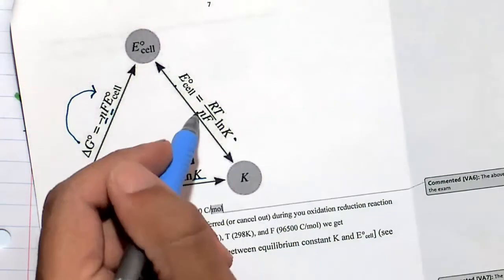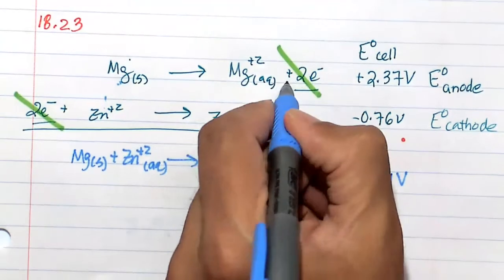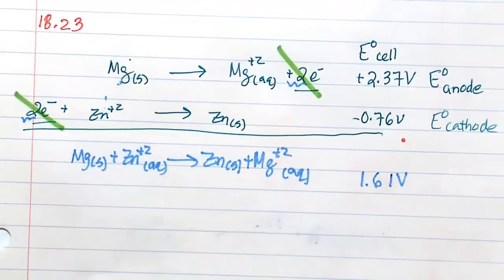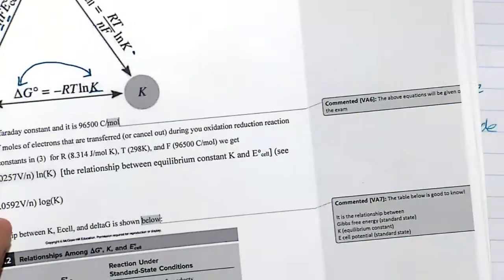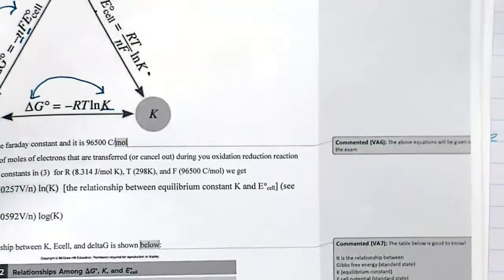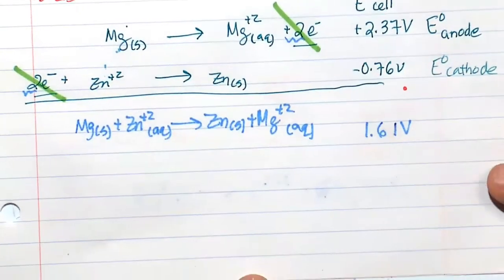N is the number of electrons. It's a 2 electron transfer reaction. So 2 electrons are being transferred from magnesium, gained by zinc plus 2. F is the Faraday constant, which is 96,500 coulombs per mole. Coulomb, C, is a unit of charge.